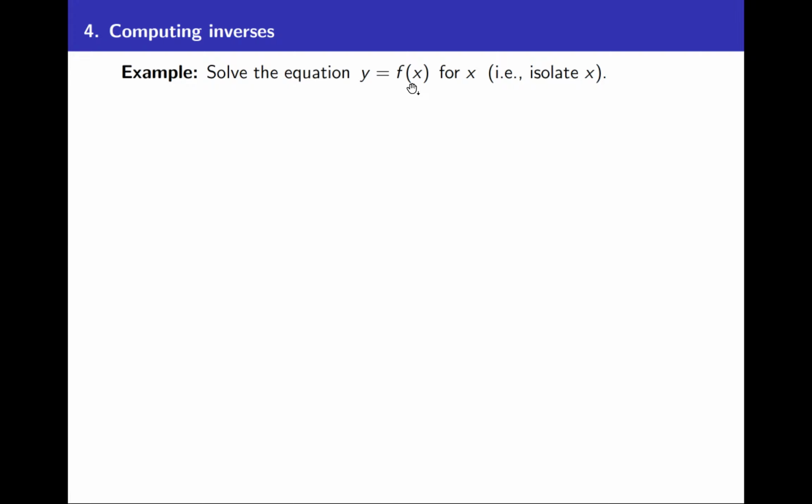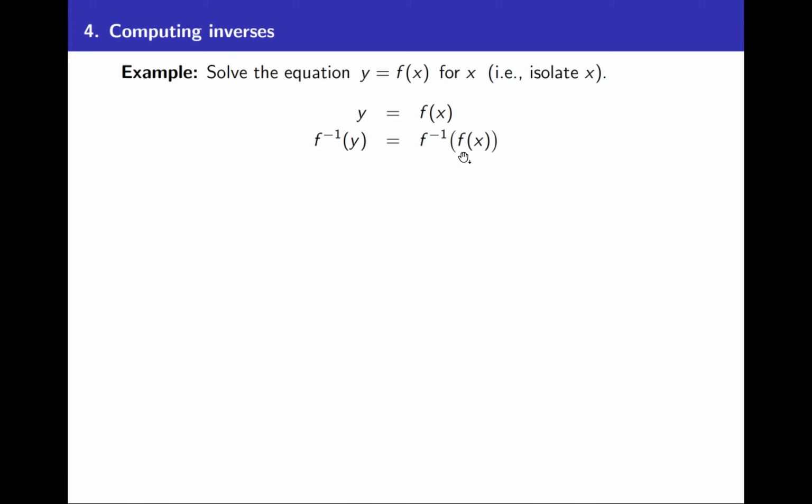So if you want to get x by itself outside of the f, one thing you could do is take this equation, y equals f of x, and take f inverse of both sides of it. On the left-hand side, you'd get f inverse of y, and on the right-hand side, you'd get f inverse of f of x.